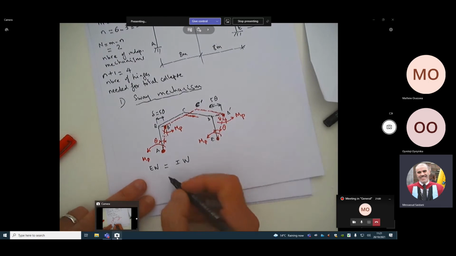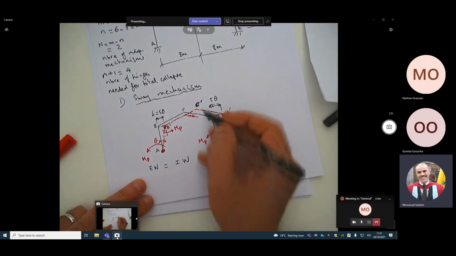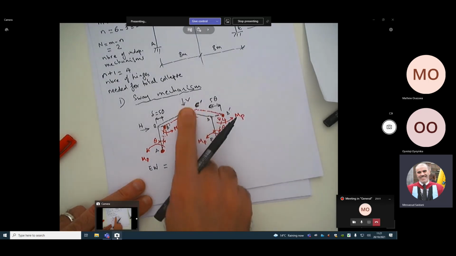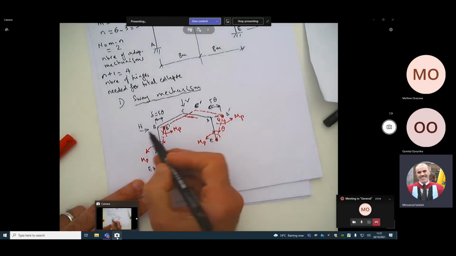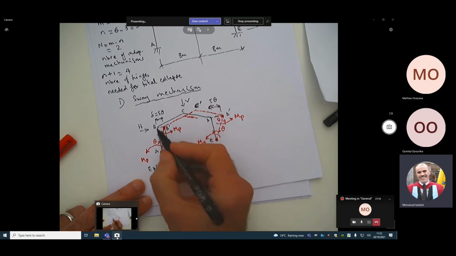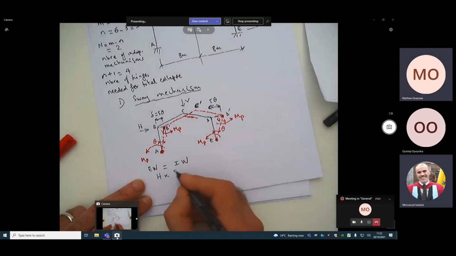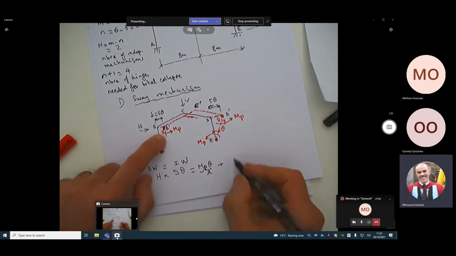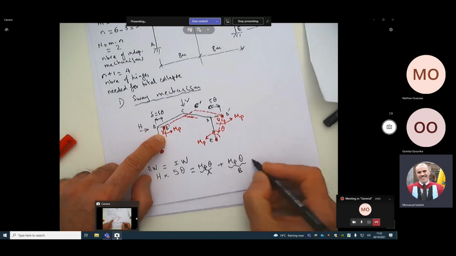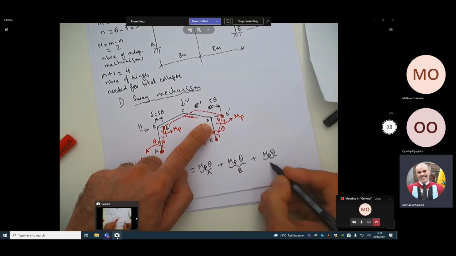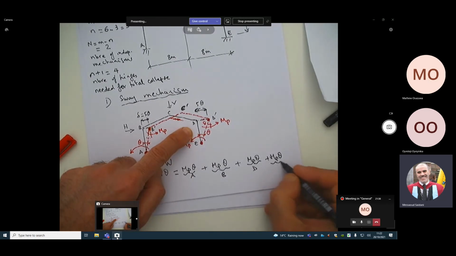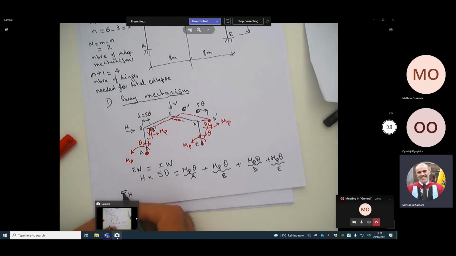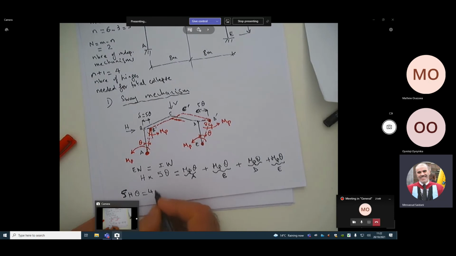So we have external work. In external work, we have the H and V. There is no work due to V because there is no vertical displacement, but we have work due to H. So we have H times the corresponding displacement, which is 5 theta, equals MP theta at A, MP theta at joint B, MP theta at joint D, and finally MP theta at joint E. Which gives 5H theta equals 4 MP theta.